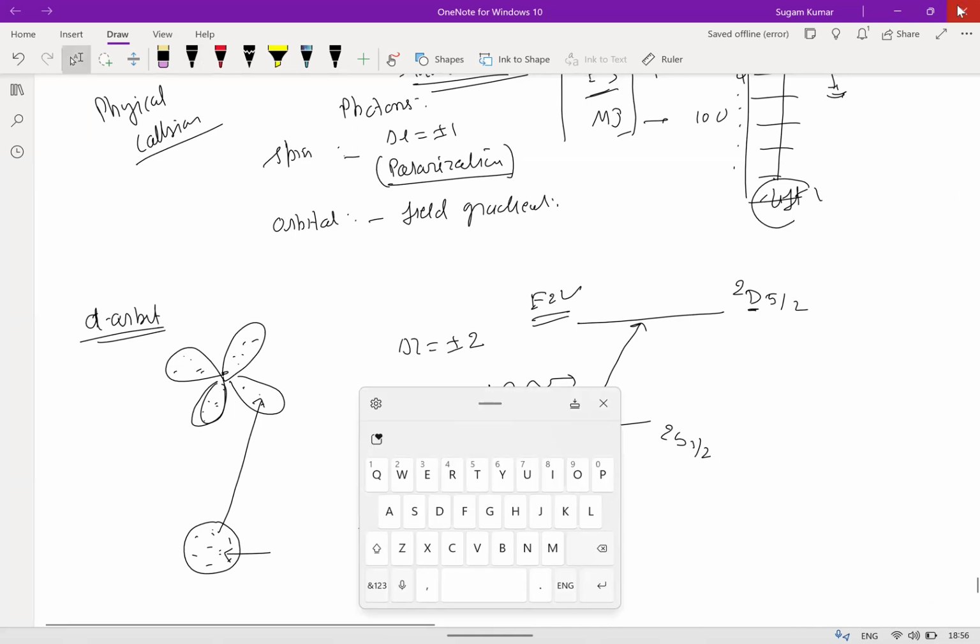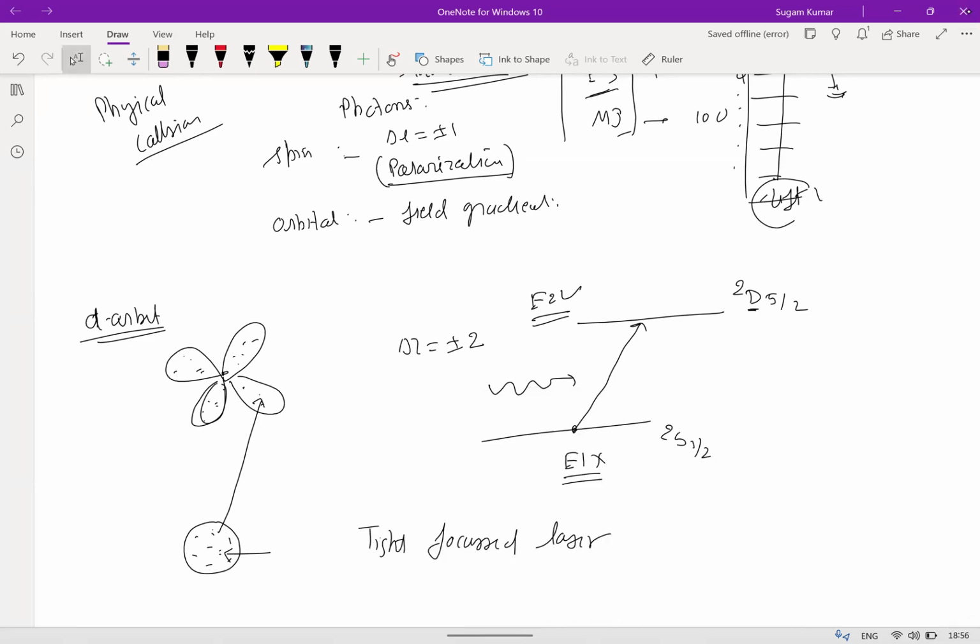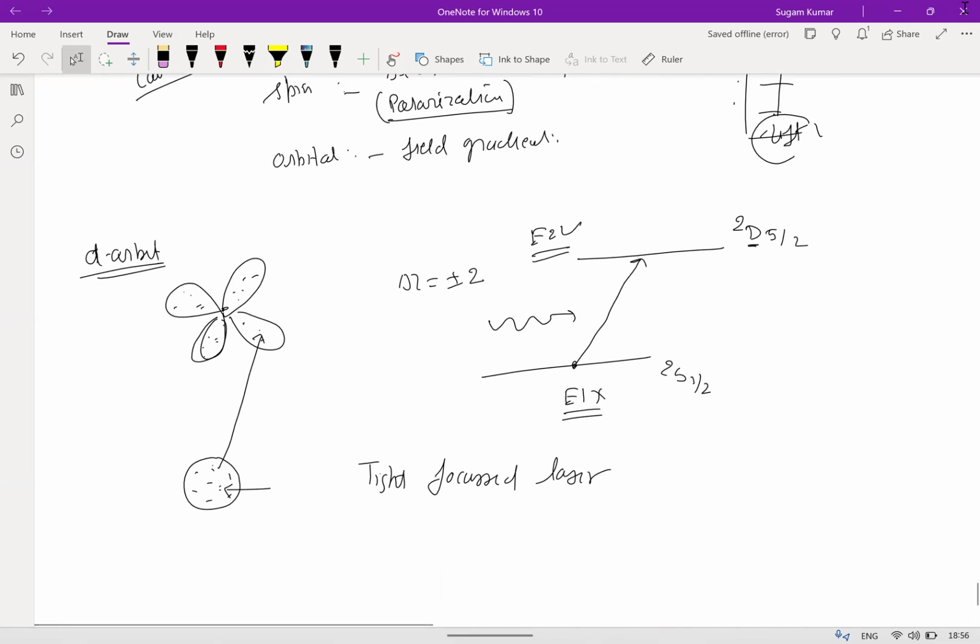If I create a tightly focused laser, the intensity is very high at the center, and as you go away, the intensity reduces. So if you look at the profile of the intensity, it is going to have this shape. Intensity at the center is very high, and it decreases as you go away from that.